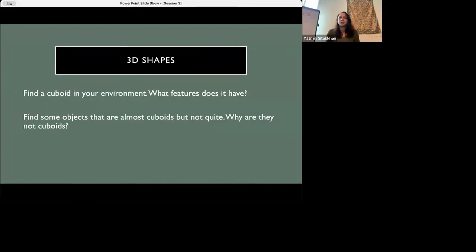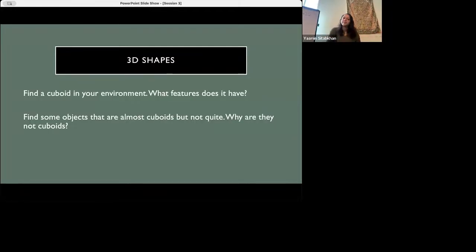Anyone else have anything they want to share? Or can show us? Oh, thank you, Evelyn. Yep, that's like a box. That's a cuboid. They're all around us, right? There should be cuboids everywhere.